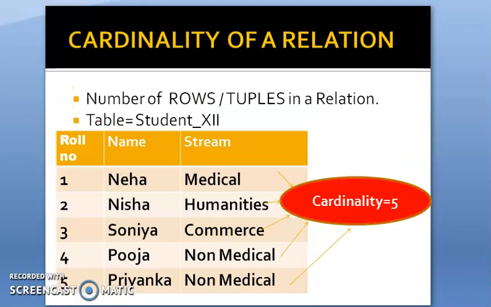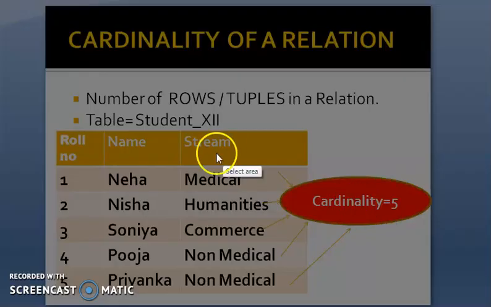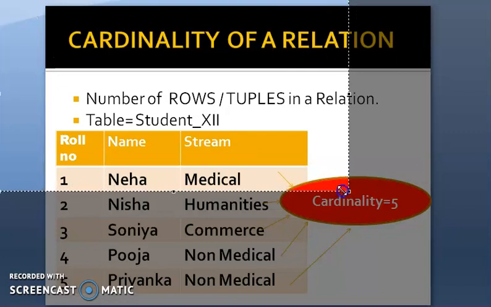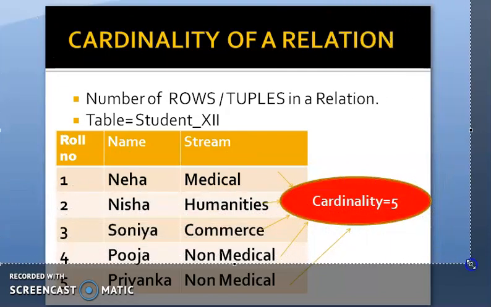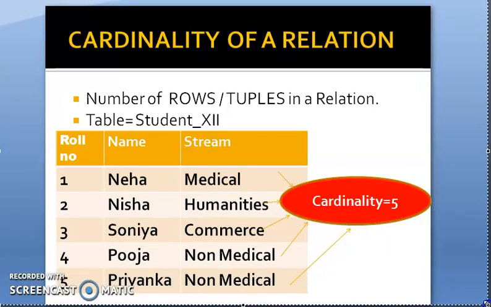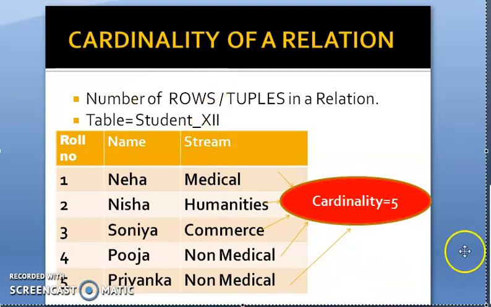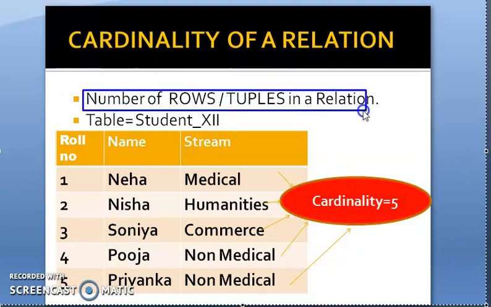So the next topic, a very important topic, is the cardinality of a relation. This type of question is also asked. They will ask you degree and cardinality of a given table together. There is no question paper without this question on degree and cardinality. Cardinality is nothing but the number of rows in a relation.